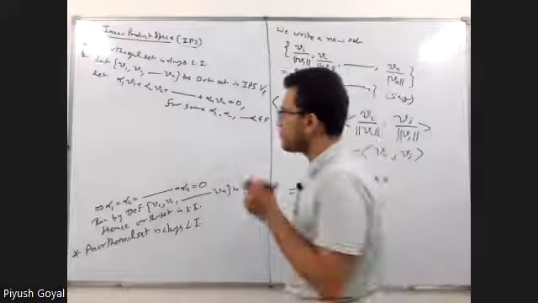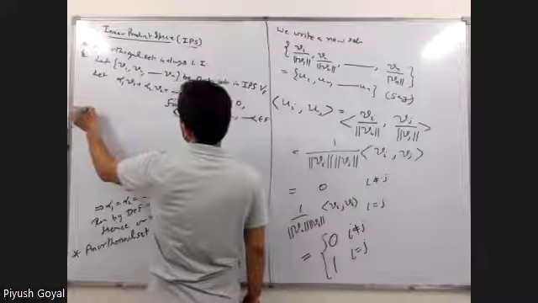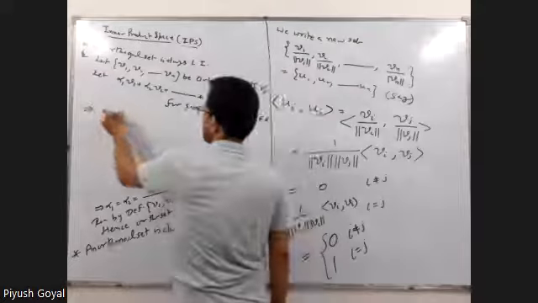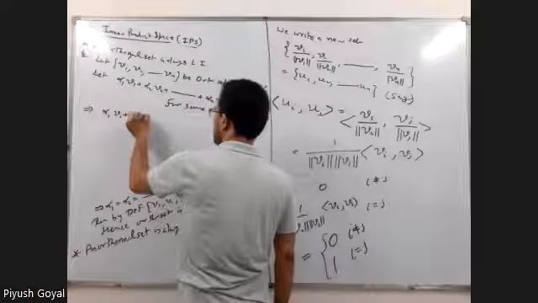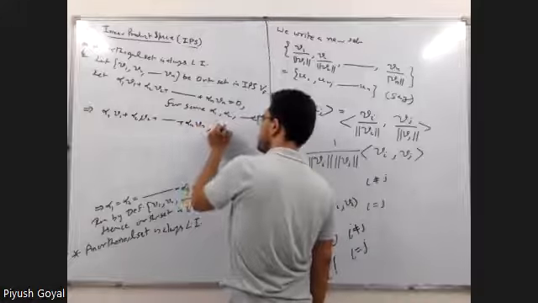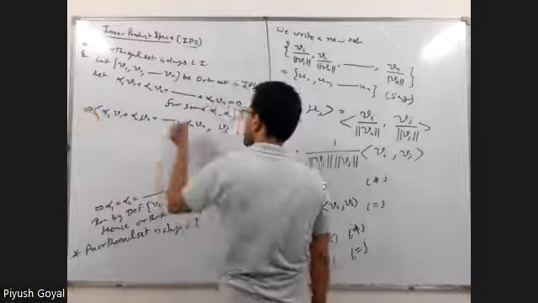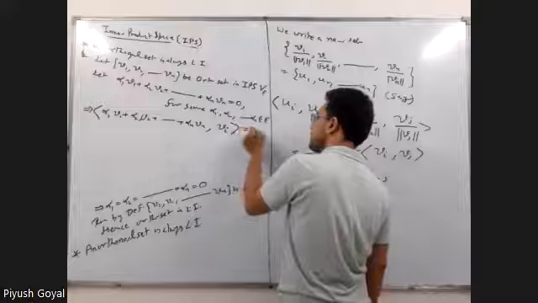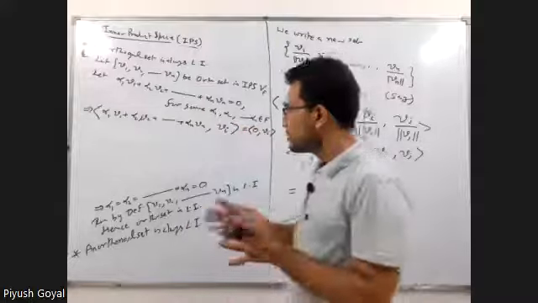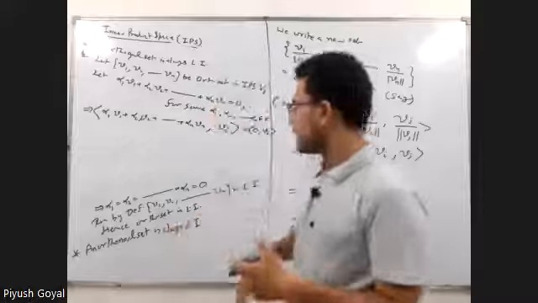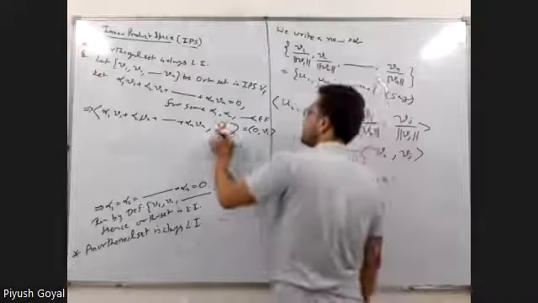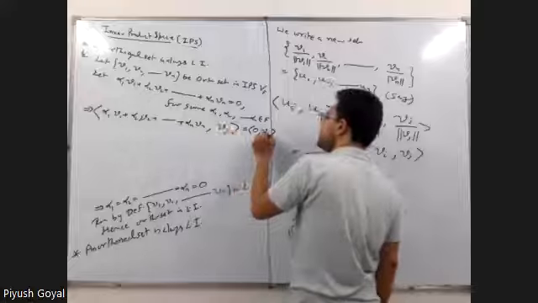Now what happens is, very simple thing, you take the inner product of alpha 1 v1 plus alpha 2 v2 up to alpha n vn, comma vi, and this is equal to the inner product of 0 with vi. So you take the inner product with respect to vi. You can write vj also, up to you. For convenience I write vj.